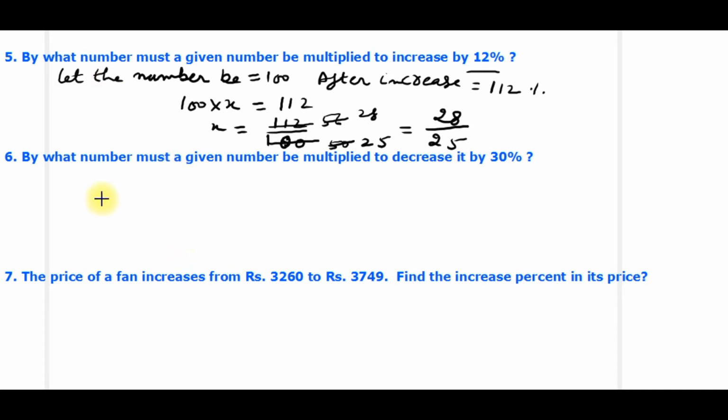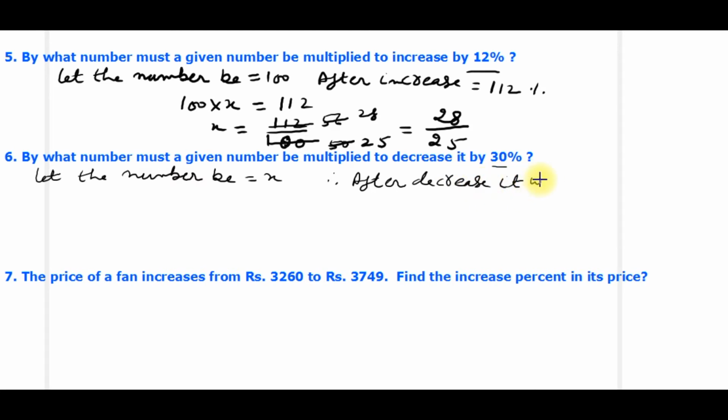Now next, by what number must a given number be multiplied to decrease it by 30%? Let the number be equal to 100. Therefore after decrease it would become 100 minus 30 equal to 70.